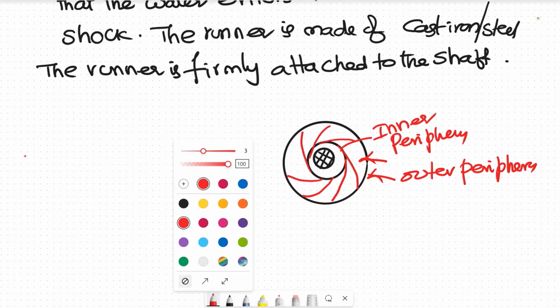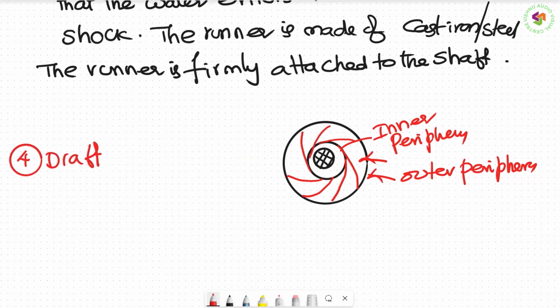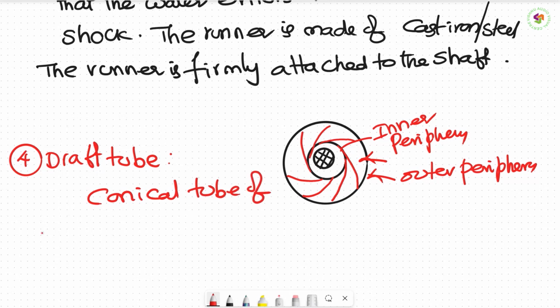The most important thing, the fourth one, is the draft tube. Draft tube is nothing but a conical tube of increasing cross sectional area.